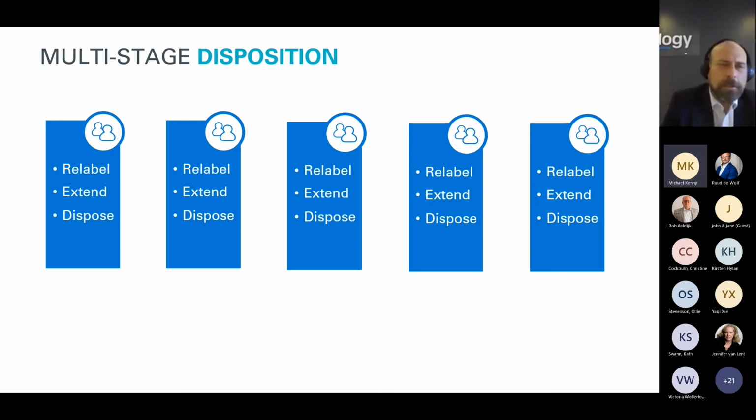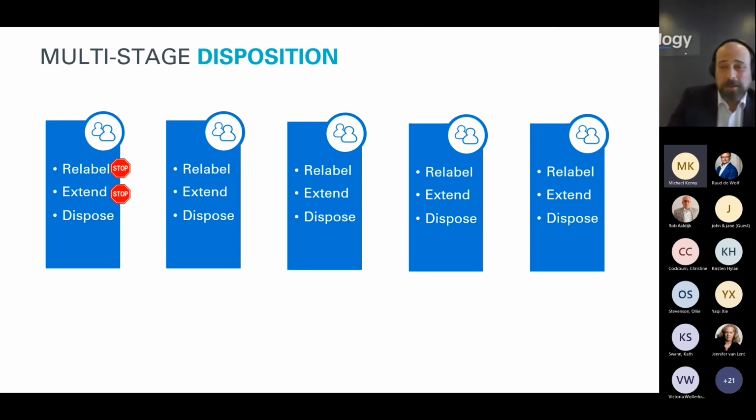So let me try and explain how this works. At any of these stages, it doesn't have to be the first, but it can be any of them, if one of the reviewers chooses to relabel the file or extend it, relabeling being to apply a new retention label to that record, or extending retention on that record, then it will stop that process automatically, because the retention subject to the new label will kick in instead.